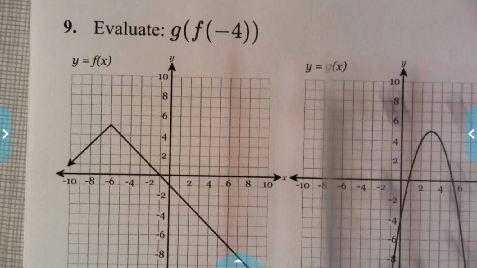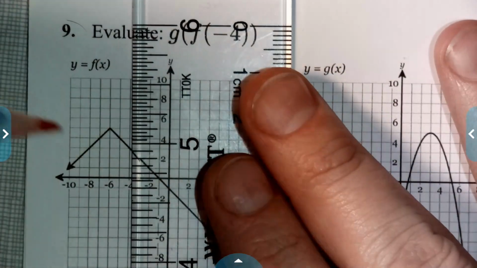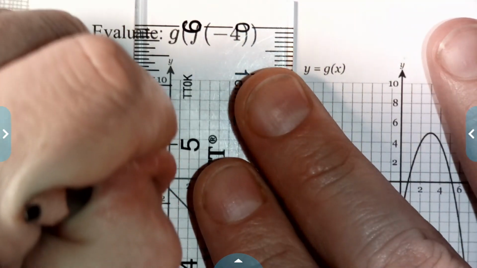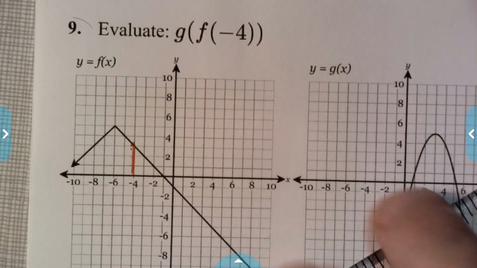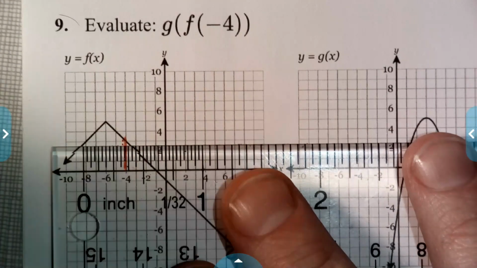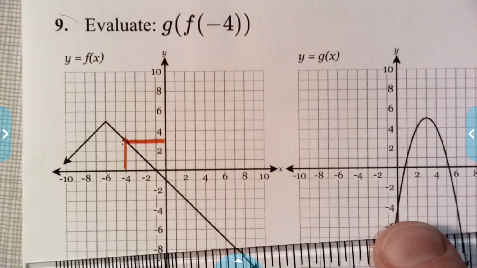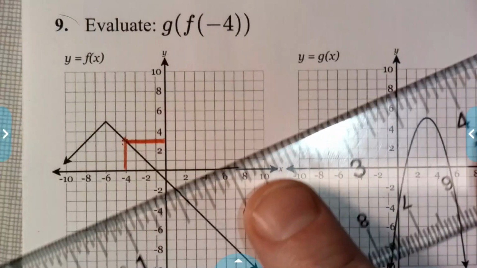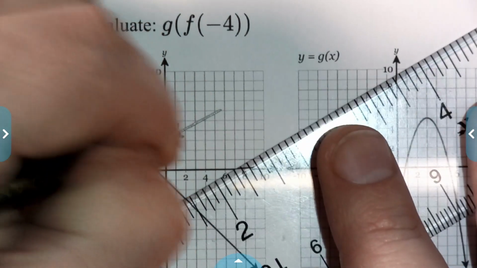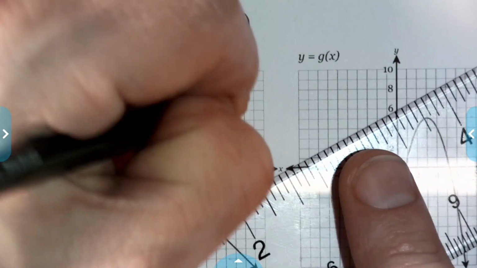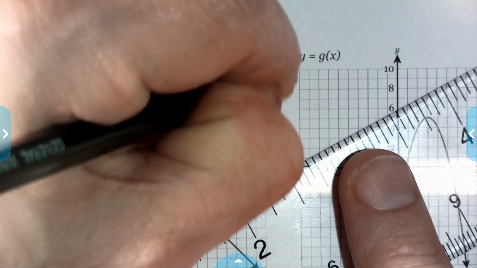And we're going to go to negative 4 on the x, and we're going to draw a line up to where it hits the curve, then hang a right and go to the y-axis. This is kind of the trick they're doing when they're playing with the calculators. And what is that value right there? You could say f of negative 4 equals 3, okay?